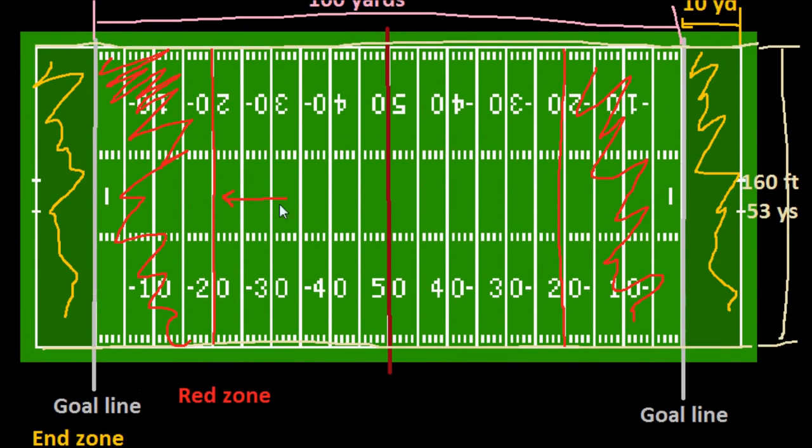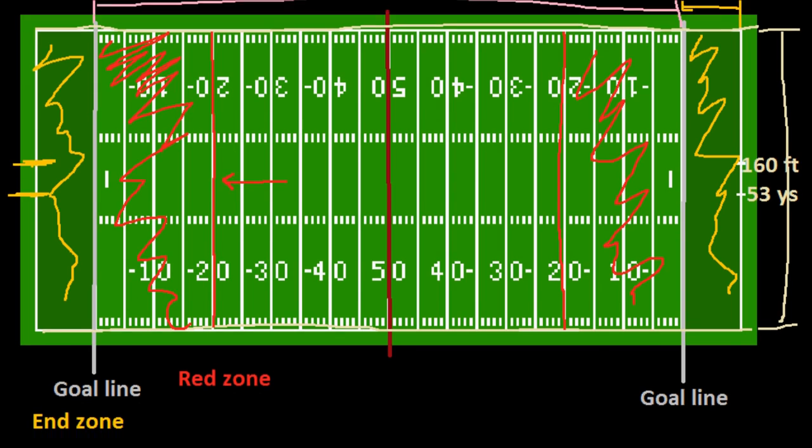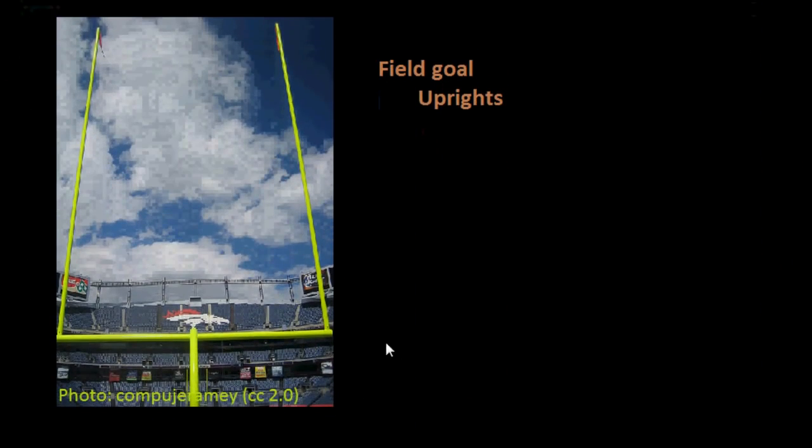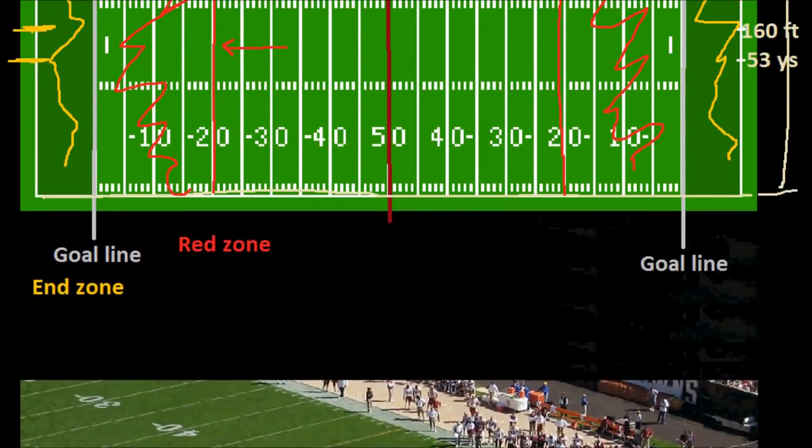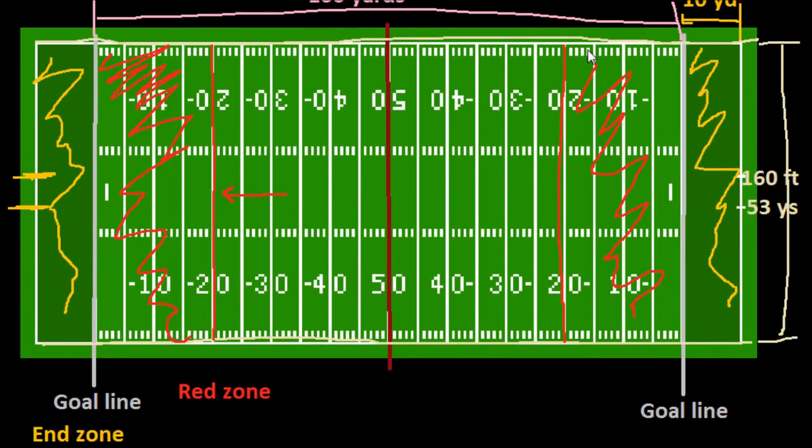You can kind of see the little markings here, they would be located from here to here. We'll get into the point of these. Eventually the ball will be kicked through the uprights, and if the ball does go between the uprights, then that means points for the team who kicked it. So that's the basic overview and layout of a football field.